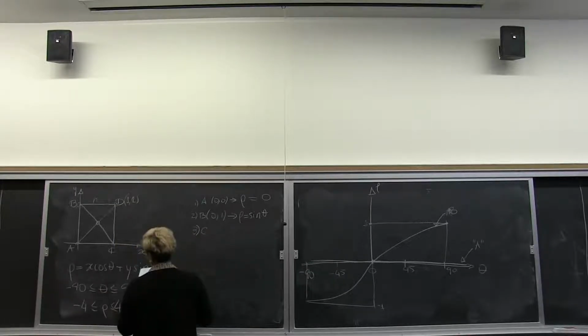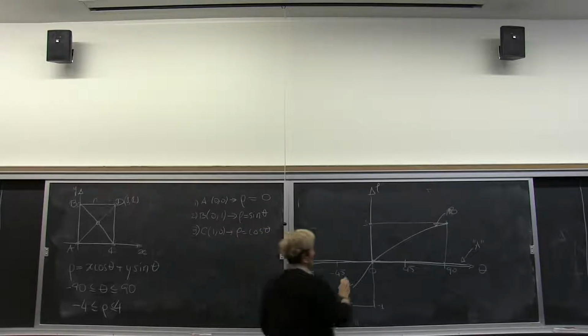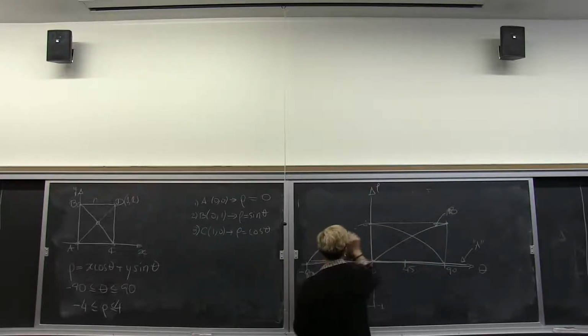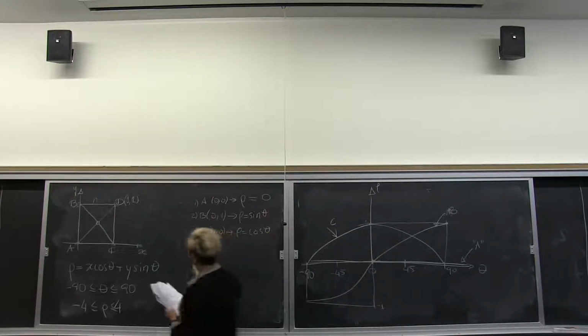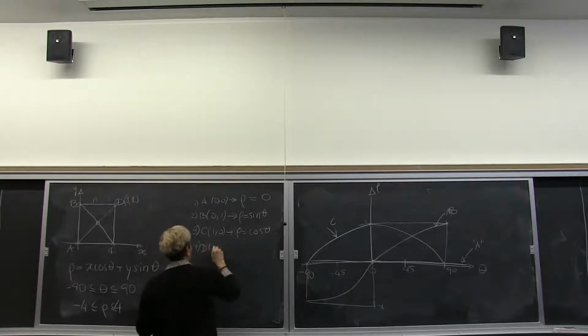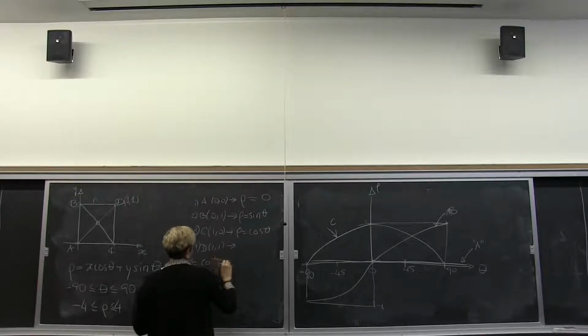C is (1, 0). So that's cosine theta. D is (1, 1). So it's cosine theta plus sine theta.